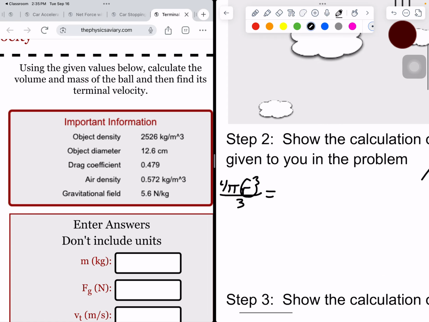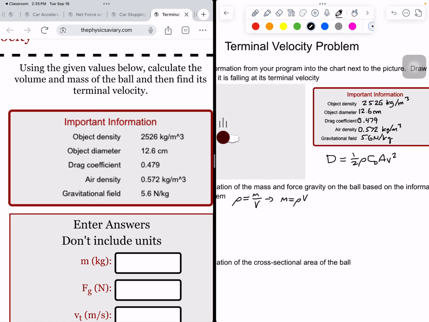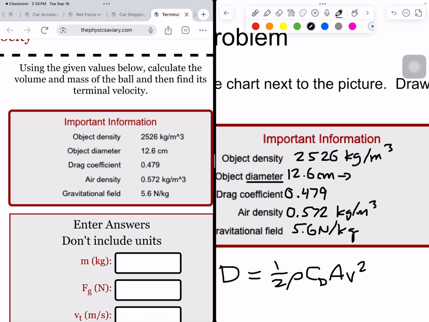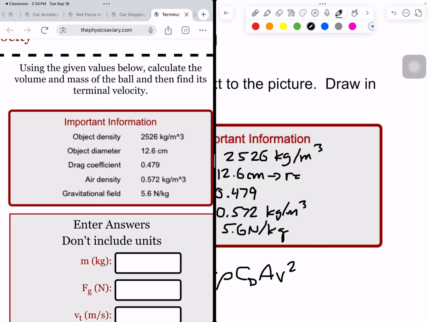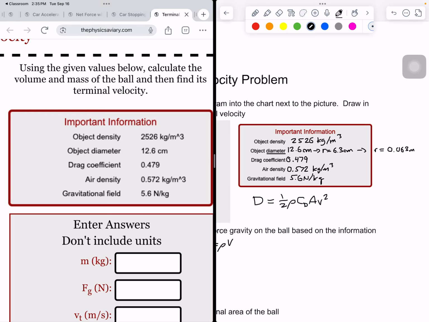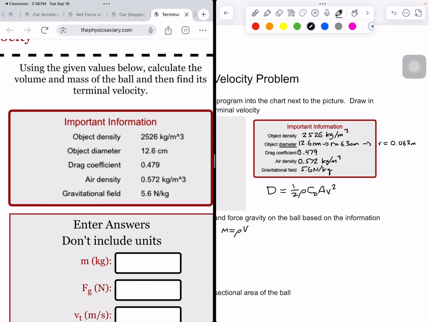So you see we need the radius. So let's go back to our information table, and let's get the radius. You have the diameter. The radius, of course, would be half of that. So in my case, 12.6 divided by 2 is 6.3 centimeters, but we need to rewrite that, and that would be 0.063 meters. So make sure that you convert your diameter to radius and then change centimeters to meters.